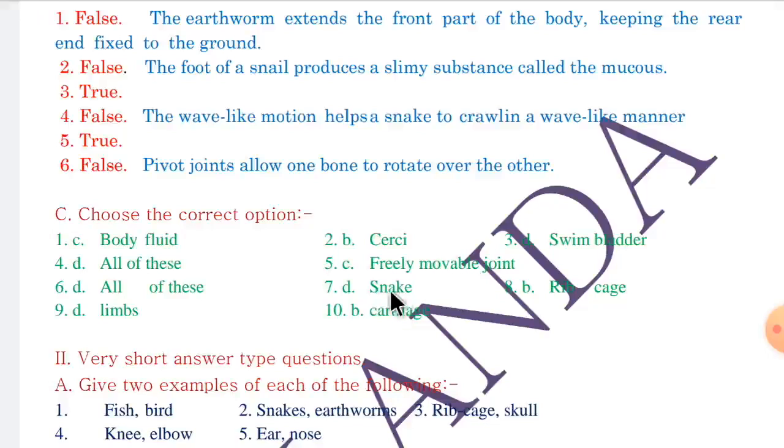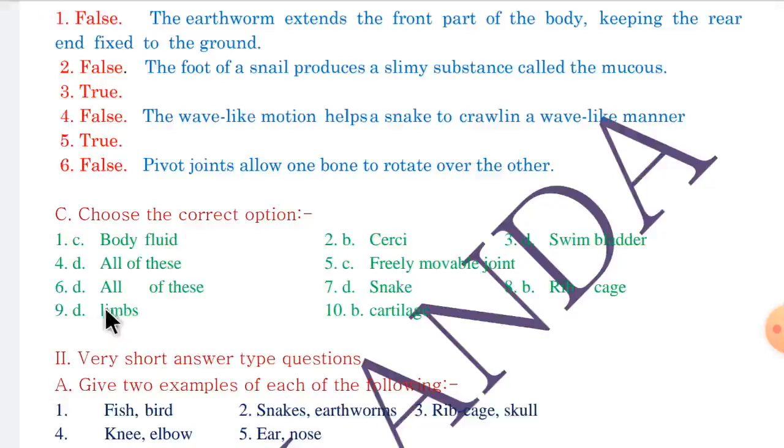The answer is snakes, because they crawl on their bellies. They do not have legs or limbs. Next, eighth: which of these protect the heart and lungs? The answer is rib cage.